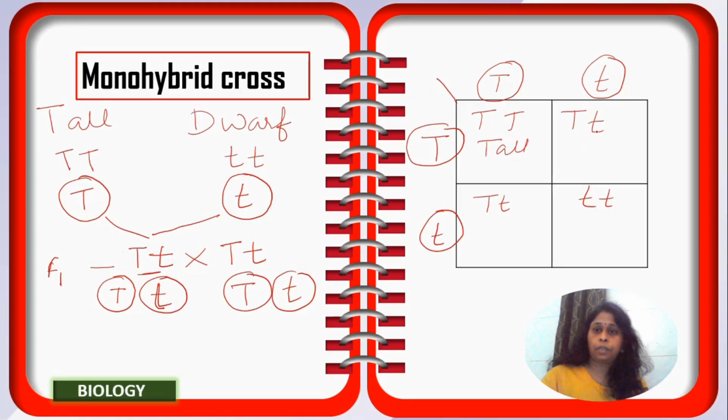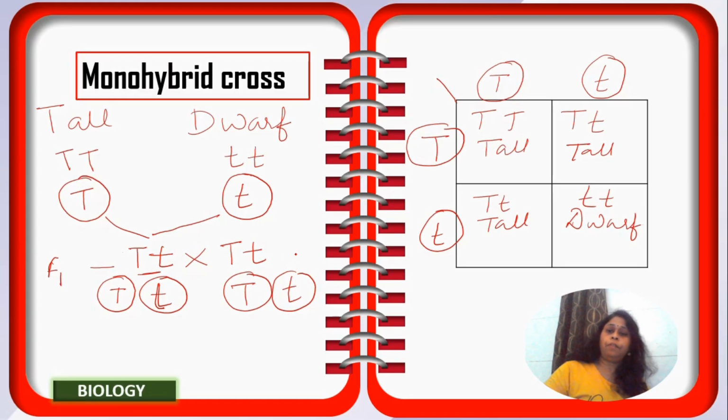And this one, capital T, small t, is the tall plant. Why is it tall? Because one capital T is there, that's why it is tall. Then in the next one, capital T, small t, again it is tall, and then small t, small t, both are recessive genes, right? So this is dwarf.